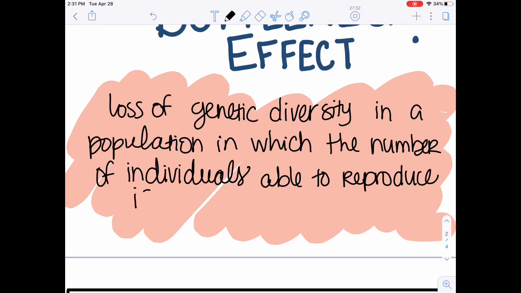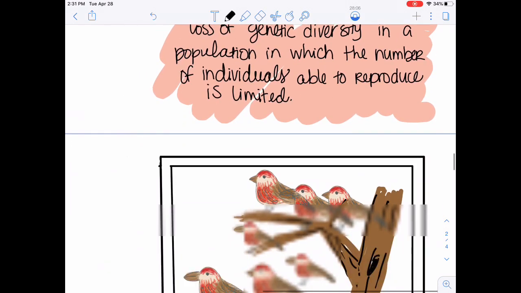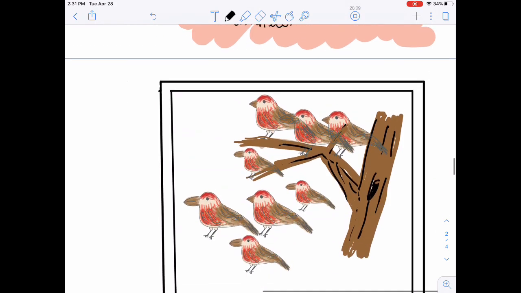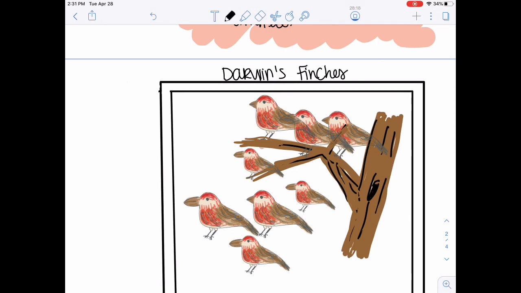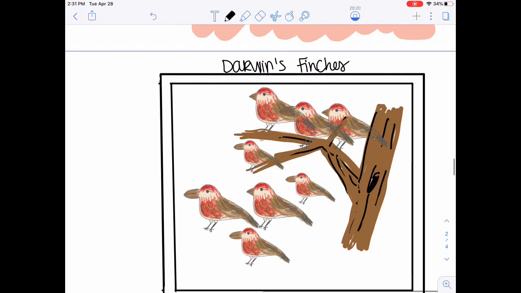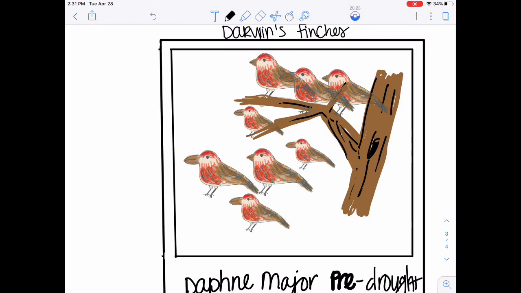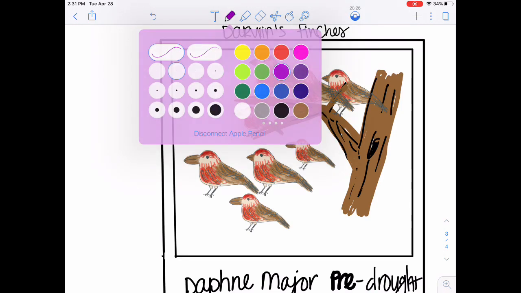We started with finches of all varieties, so some that have a bigger beak and some that have a littler beak. And this again is before the drought. However, after the drought, we know that all of those finches with small beaks were not able to survive because the seeds available to eat were the hard, tough seeds.